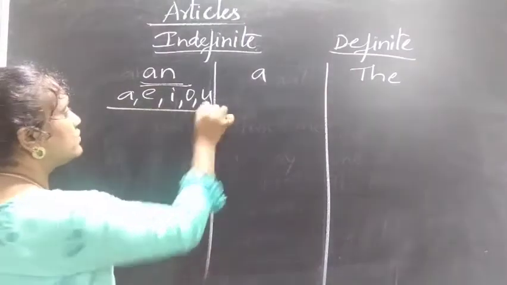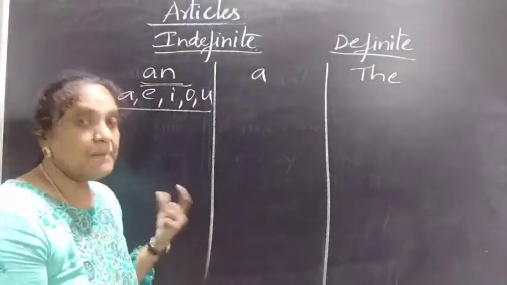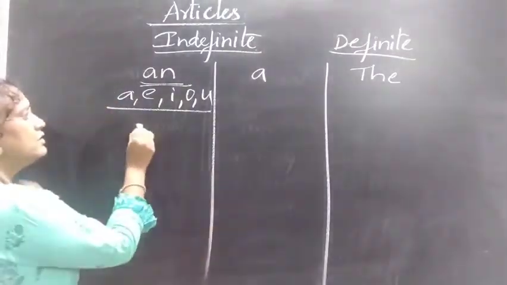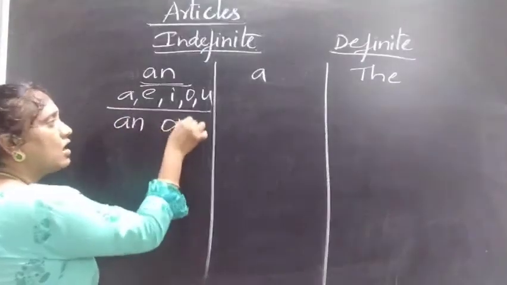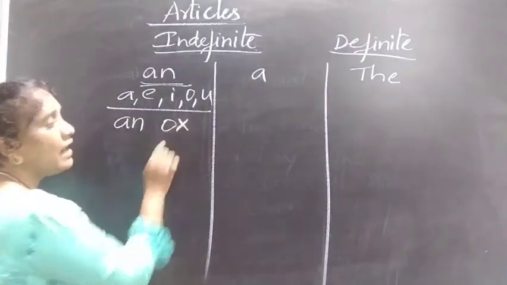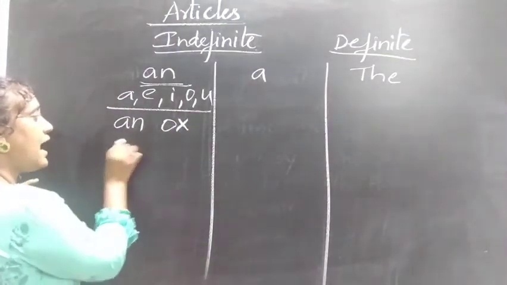These vowels which have this sound, I am not telling the words but the sounds, and also the words. If you observe, an ox, it has a vowel and a vowel sound. So, an ox. I can say an egg.